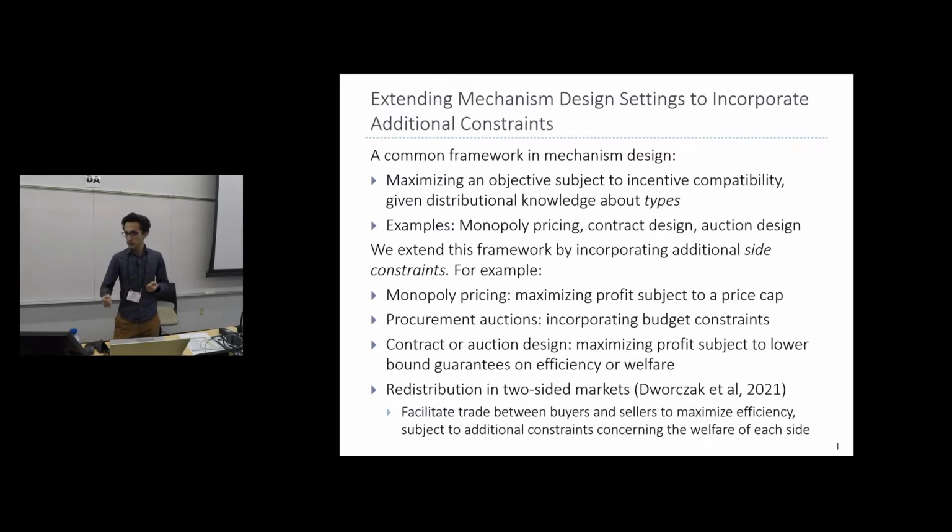We also provide a regularity condition, which, if it holds, guarantees that the general structure of optimal mechanisms will not change in the presence of one additional side constraint.